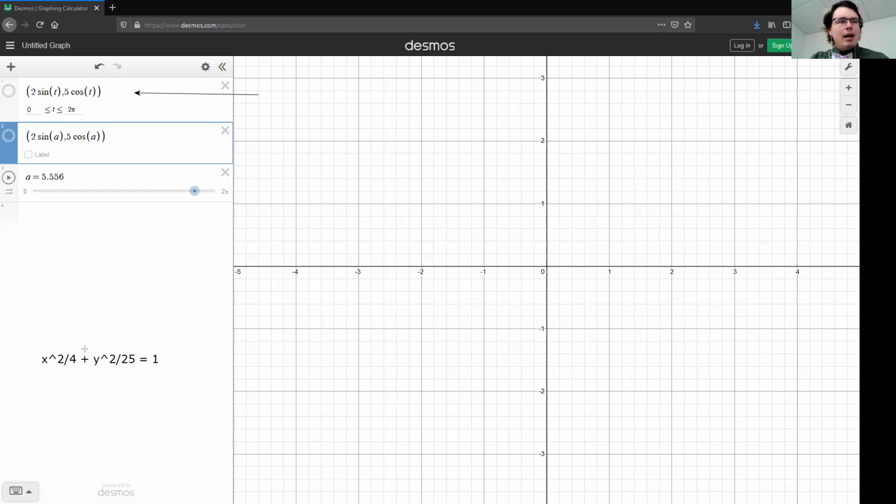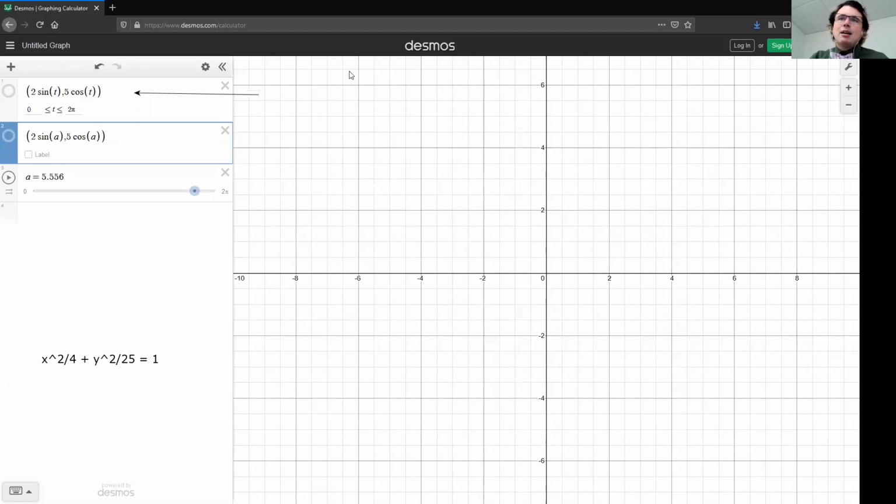If I ignore my y, right? This is just some positive thing that I'm covering up. The very biggest that my x can be is positive 2. So x can be as large as positive 2. Let me make a mark of that right here. And the least that x can be is negative 2 for the same reason. When I square this, I could have a negative number squared, but then that'll just be positive.